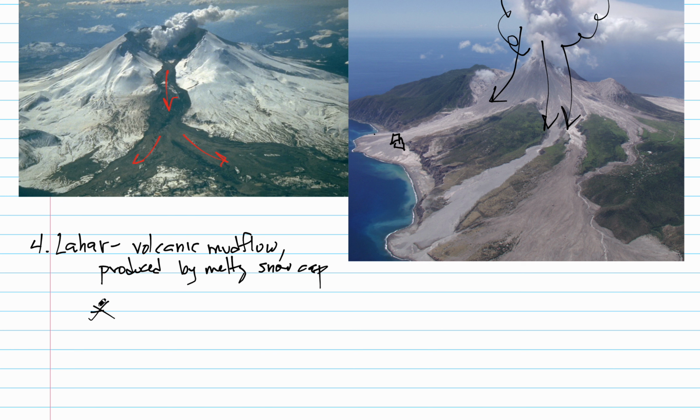These are also major killers, and volcano agencies, geological surveys have put in many safety systems in order to prevent people who live in valleys near volcanoes from not knowing these are coming, because they are fast and they can travel far. Many volcanoes today are monitored for lahars, and that's because in the 1980s there was a really significant disaster in Colombia that woke people up to the dangers of lahars.